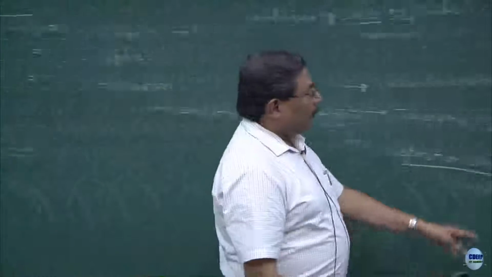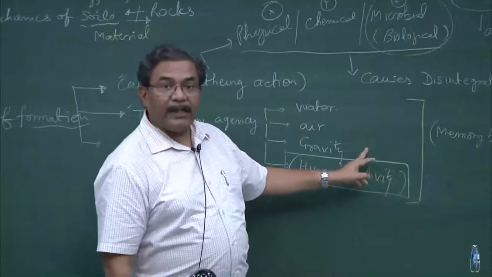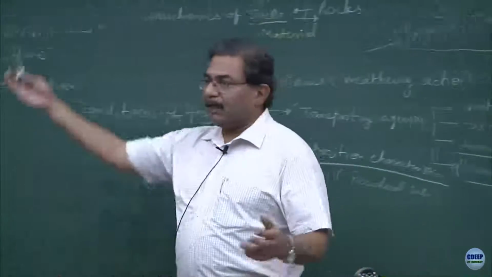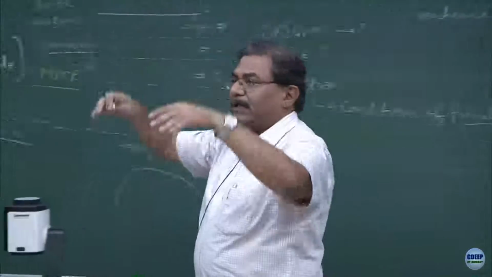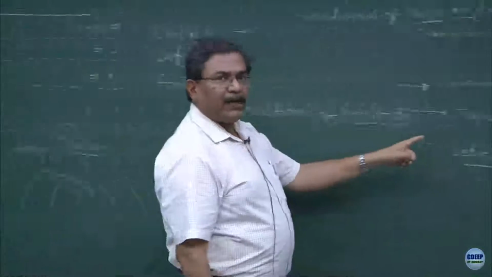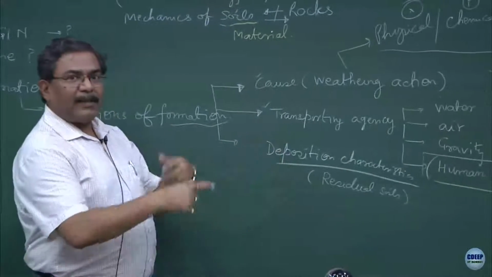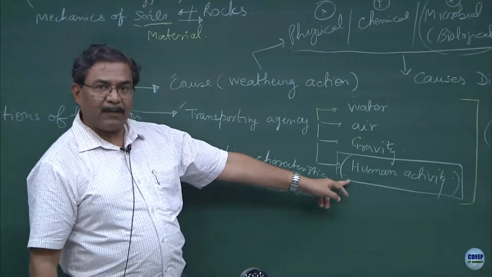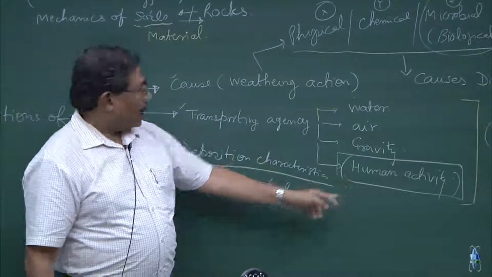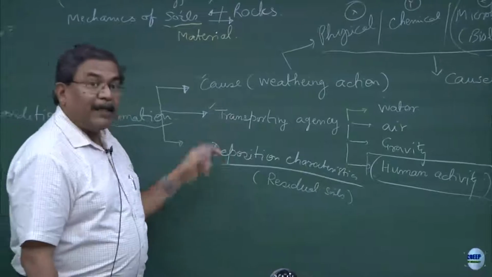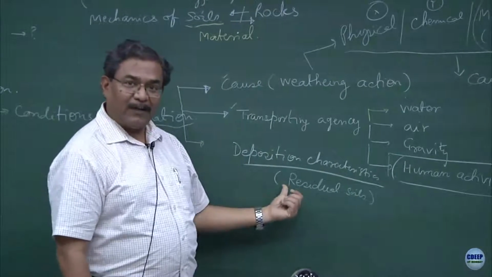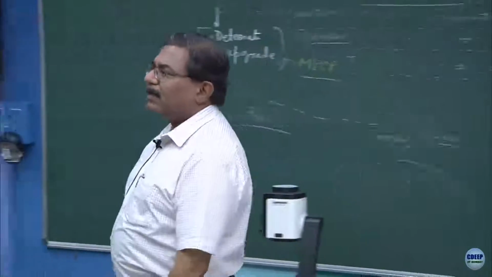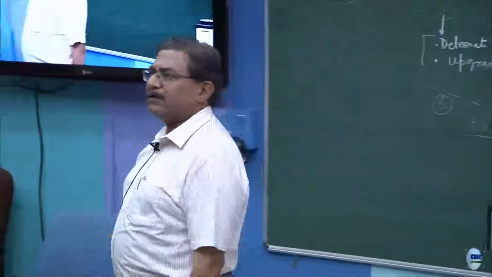You understand? The geographical boundaries are changing. Why? Because it is my wish, I would like to bring material from somewhere and dump it somewhere. It is the same process I am following. The material was created by human activity, by mining. I brought it in barges, over pipelines or whatever, I transported it and I deposited it. Agreed? What nature was doing in millions of years, I have done in 5 or 10 years.